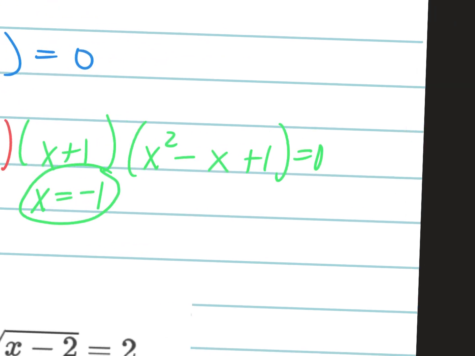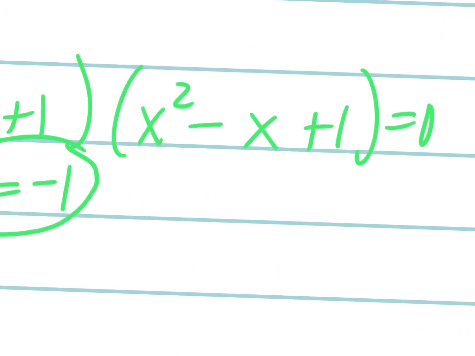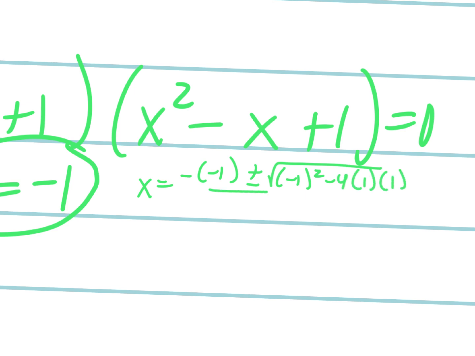In this case, since my b term is not an even number, we can go ahead and use the quadratic formula. So I will have x equals negative negative 1 plus or minus the square root of negative 1 squared minus 4 times 1 times 1, all over 2 times 1.